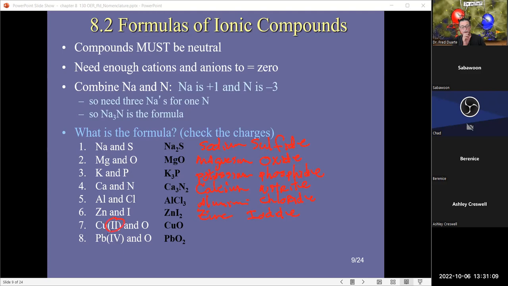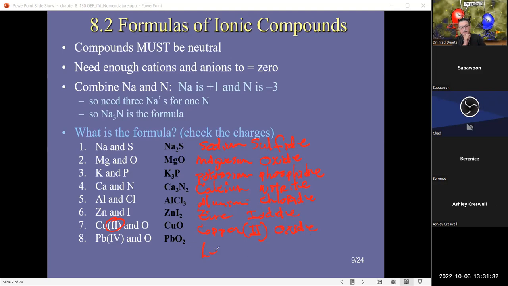Now, we're working with the variable oxidation state metals. And so again, that's why you're given that Roman numeral. So you're dealing with Roman numerals, and you're going to use it to name it. So Cu is copper, and then in parentheses, Roman numeral 2, okay, oxide. Okay.